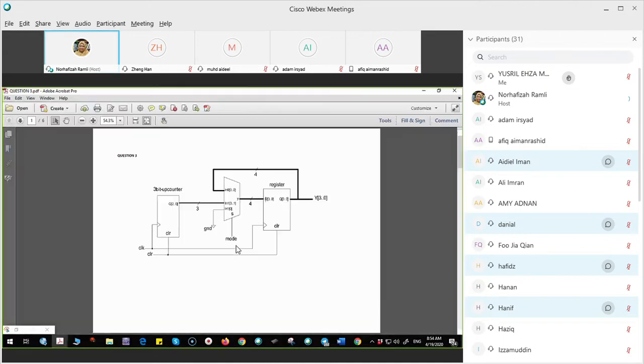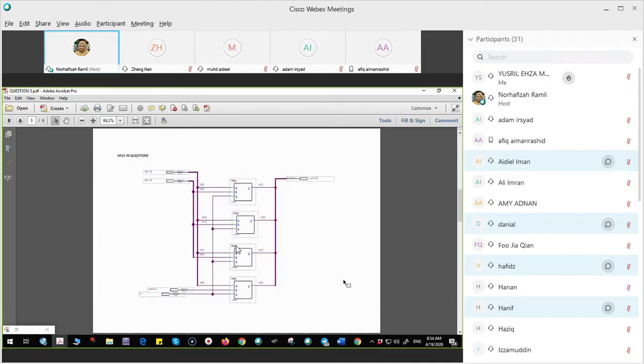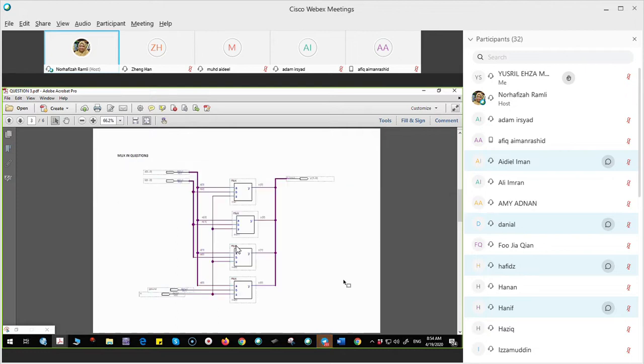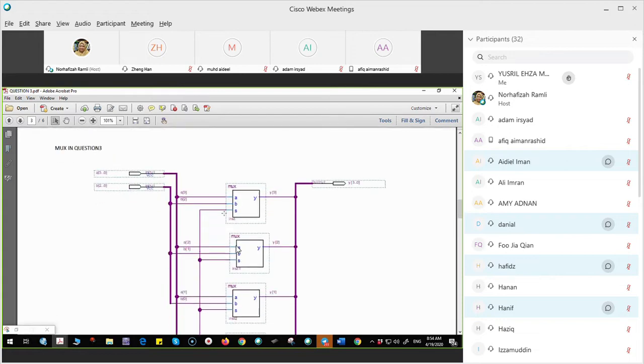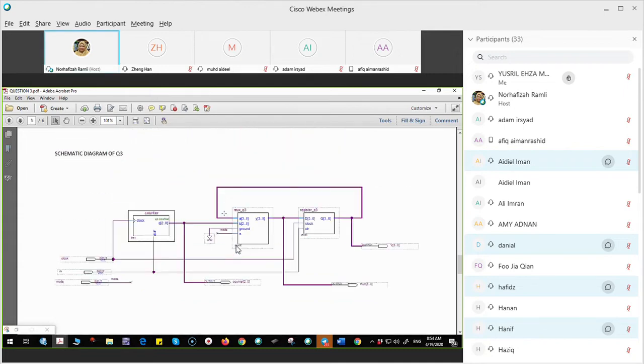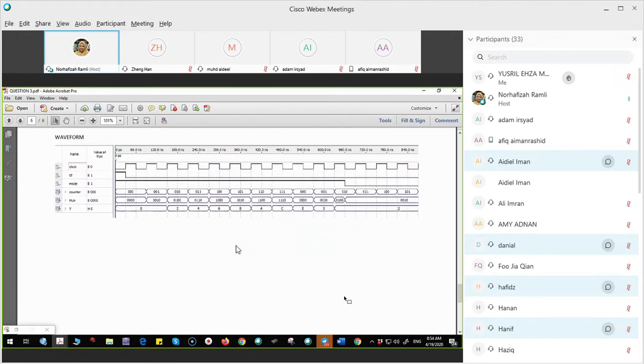How? This is now, right? Okay. How to show the simulation? Marks in question 3, and then what? So you have the counter, you have the register, right? Good. Then what do you get?